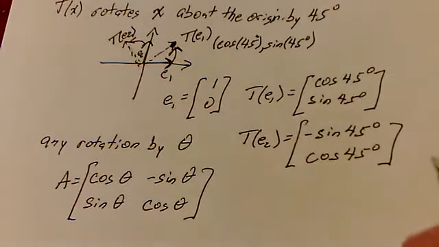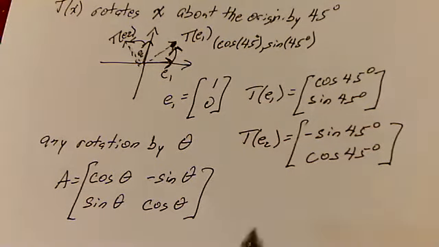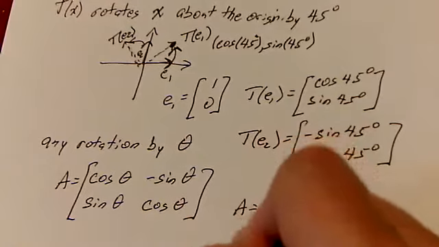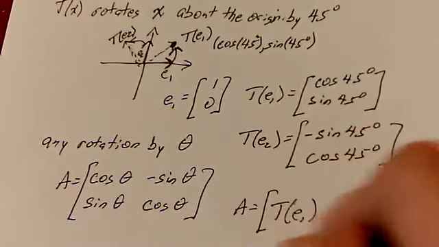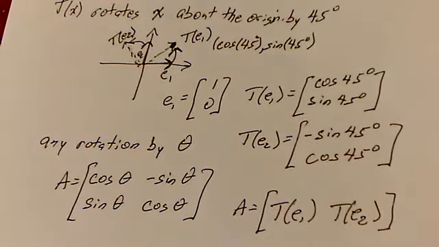So that's the elegance there. That works for any angle theta. So if you're given an operation, you want to figure out what happens to the identity vectors. Whatever happens to the identity vectors are going to be your columns in your transformation matrix, T of E1 and T of E2.